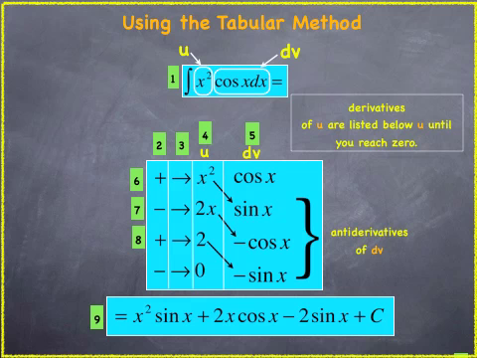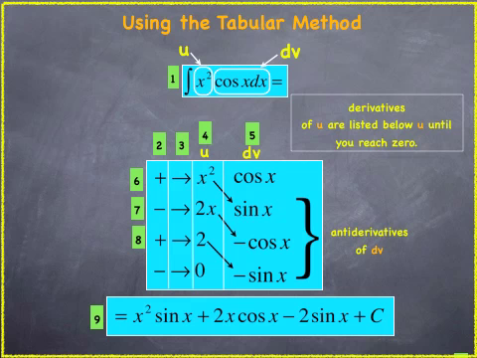In column 5, we start with dv, which in this case is cosine of x, and we take the antiderivative or the integral going down that column each time, and we just keep going until we match up with the 0 in the column to the left. And then we're done. Now we actually apply the method.